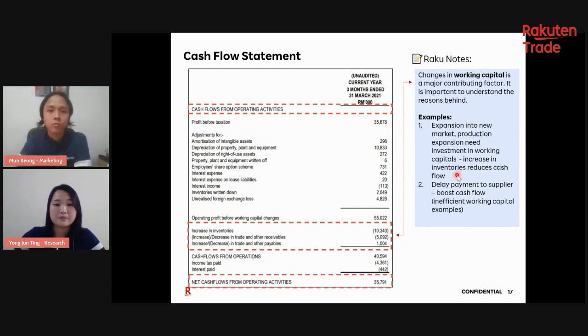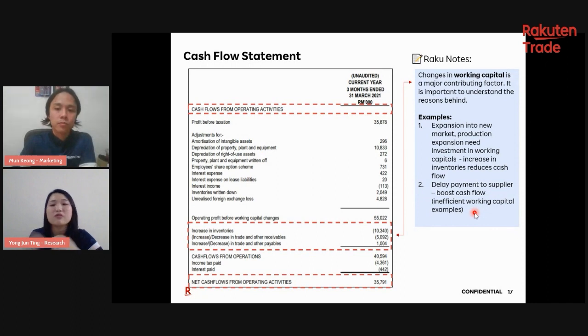Okay, that's one example. Then the second example may not be a very efficient example, where the company delays the payment to supplier to boost the cash flow. So if you delay too long, it's not that really efficient. It's not the healthy working capital that we want to see. Or there's another third example where in your receivable, your customer, you overextended your credit terms to your customers.